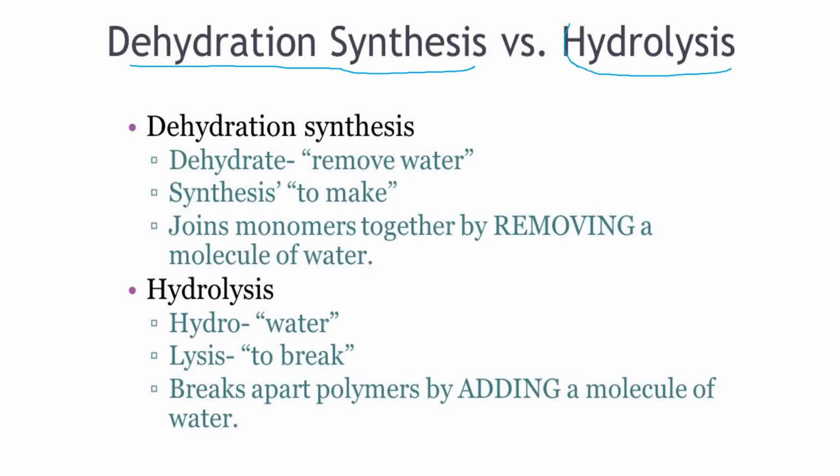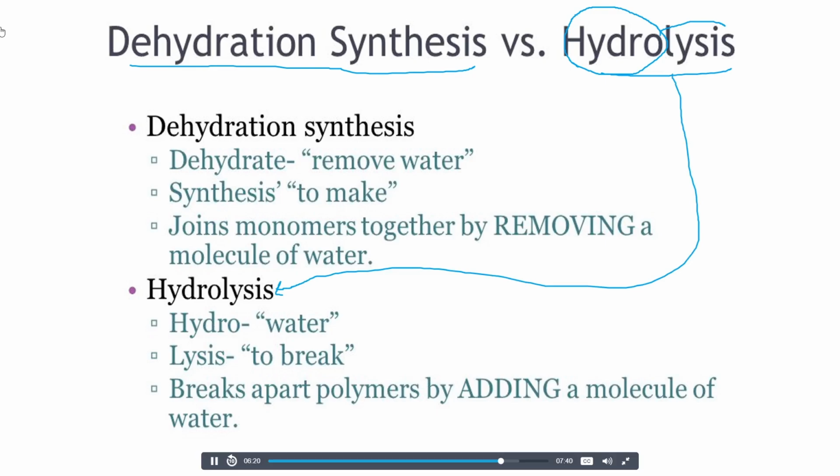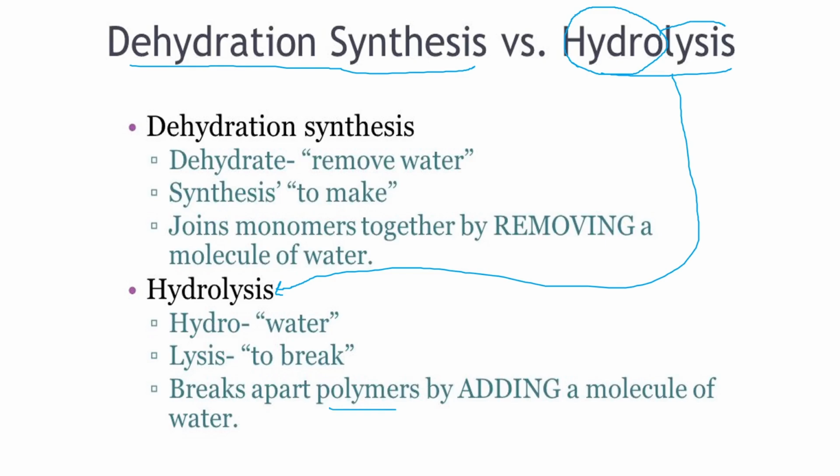We already talked about hydrolysis. Hydro means water, lysis means breakdown. So we break down complex molecules, polymers, by adding a water molecule between these components. So this is hydrolysis.